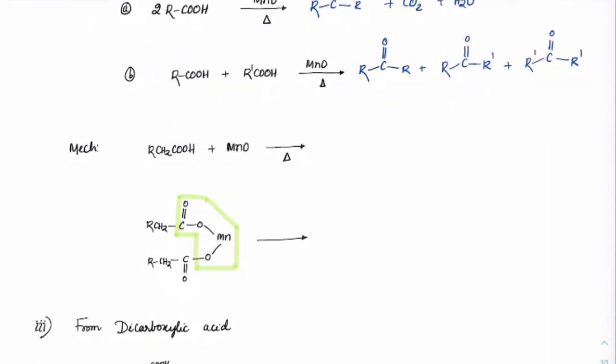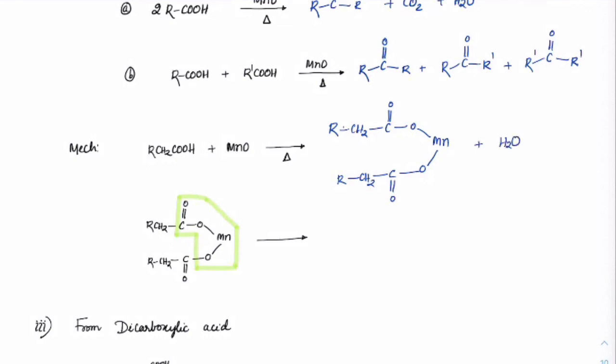See the mechanism here. First, RCH2COOH with MnO will undergo dehydration, which means it will form like an anhydride. So CH2 C double bond O with O and manganese, just like the calcium salt has been formed. So first it will form this manganese salt, CH2R, and H2O is gone.